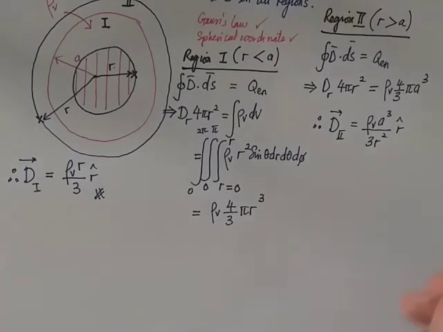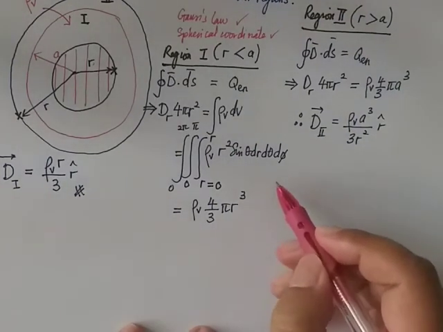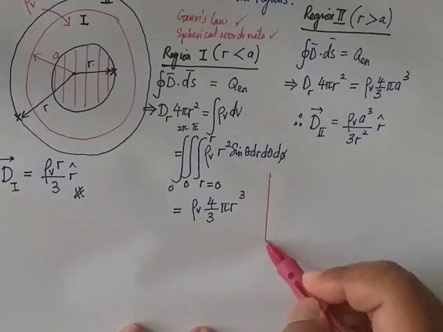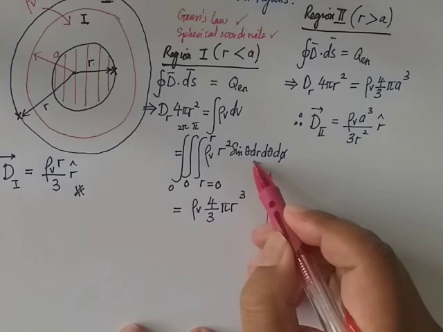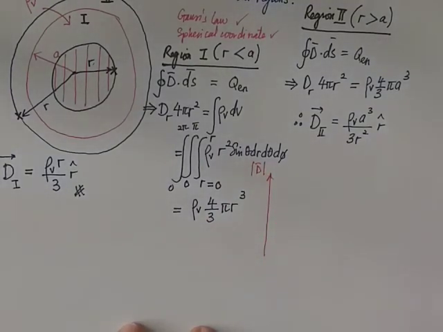Okay, let's do that. I want to plot the field distribution. I want to plot D, I'm going to draw the modulus because I'm just focusing on the magnitude, and then I'm going to change it with r.